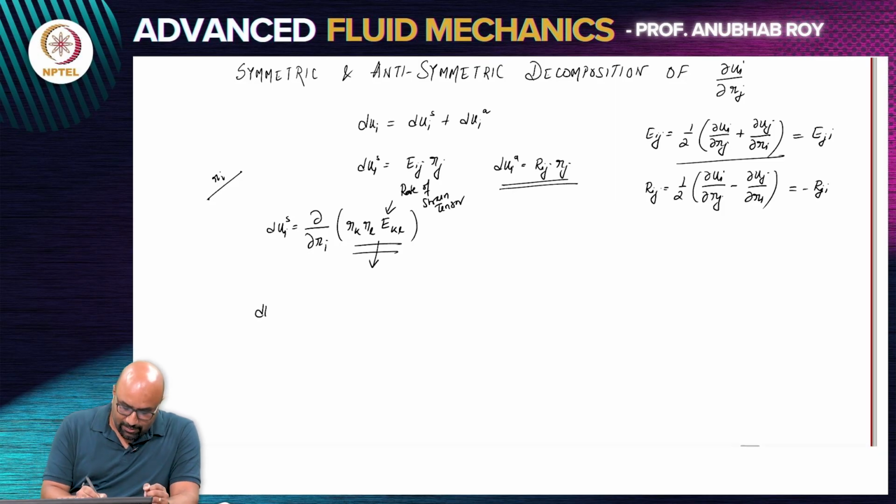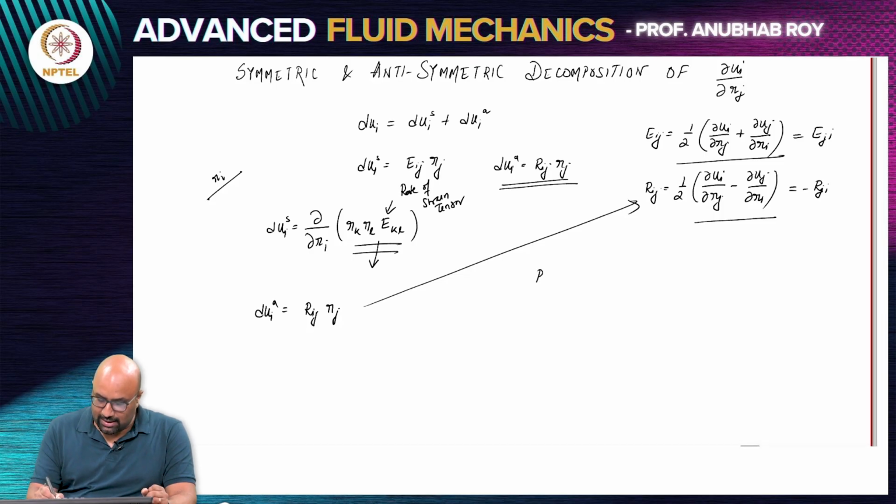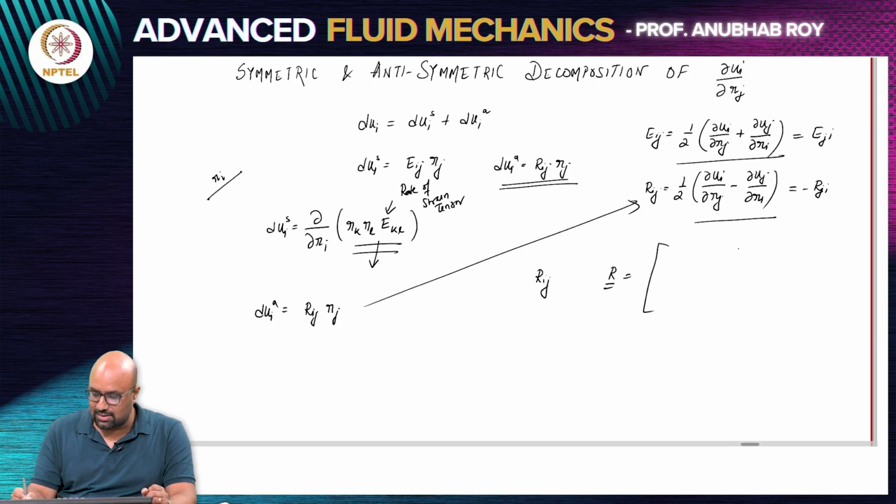So, the anti-symmetric part is related to the rotation tensor. The rotation tensor is given in the following way: half of dou ui dou rj minus dou uj dou ri. Now, as you remember, for a second order anti-symmetric tensor, if I am trying to write out Rij in a matrix form, this will have 0 diagonal elements because it is anti-symmetric.